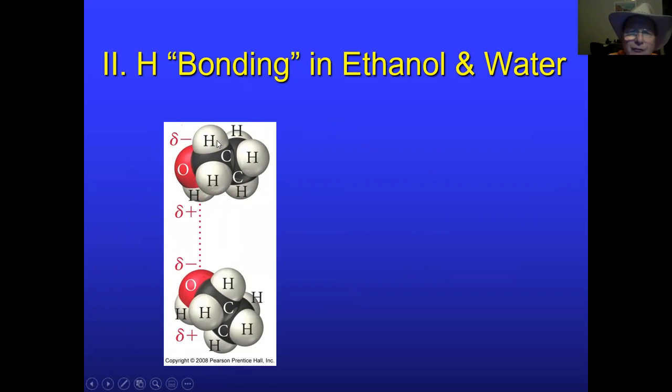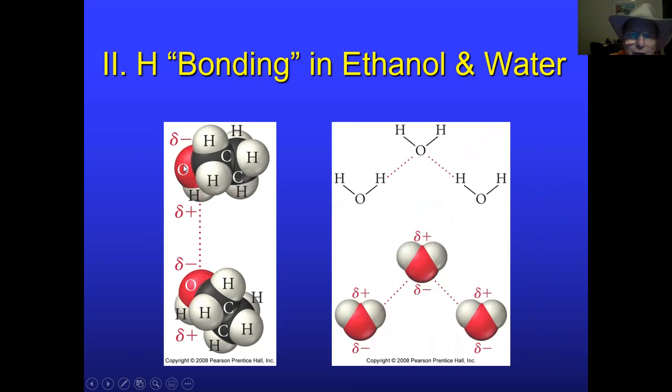So I have an ethanol molecule. I have an oxygen bonded directly with a hydrogen. That oxygen is also bonded to this carbon. This oxygen is bonded to this hydrogen and that carbon. Because the oxygen really, really wants that electronic charge, this end of the molecule is going to be negative. This end is going to be positive.